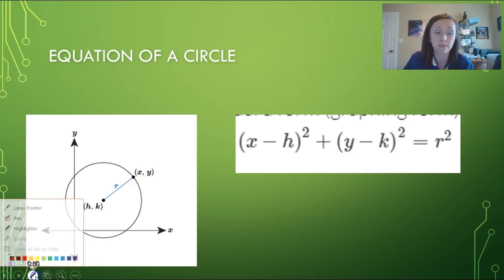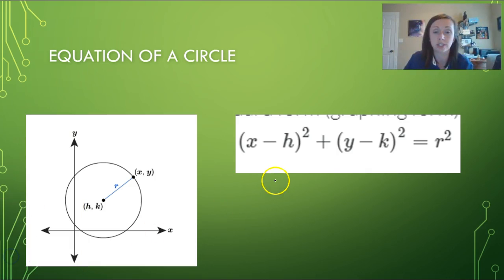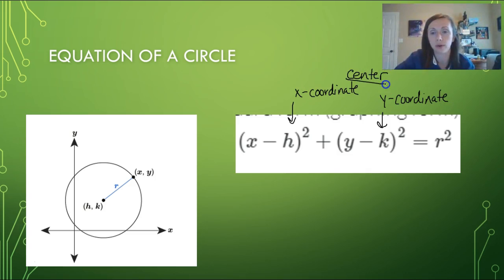So from the diagram you can tell that h is just your x coordinate from the center, and then k is just your y coordinate from the center. All right, and so then lastly your r is just your radius. So it's simple, just plugging the values in.